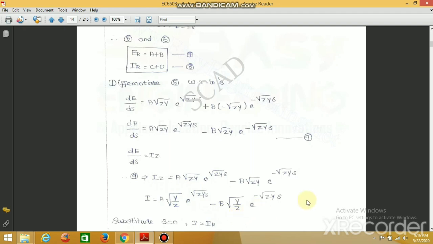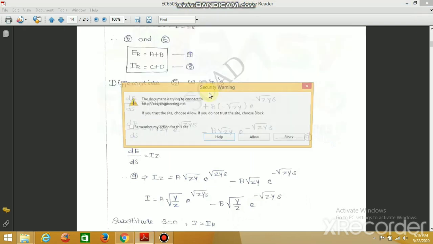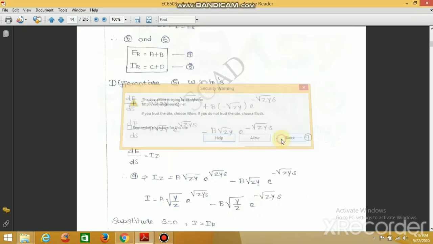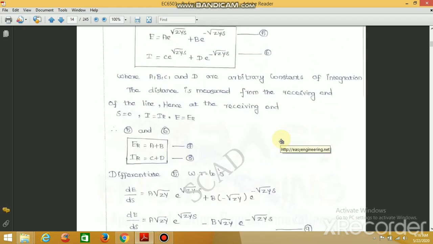Okay, so we are differentiating the equations 5 and 6 with respect to s. First we differentiate the equation 5 with respect to s, and next the equation 6 with respect to s.